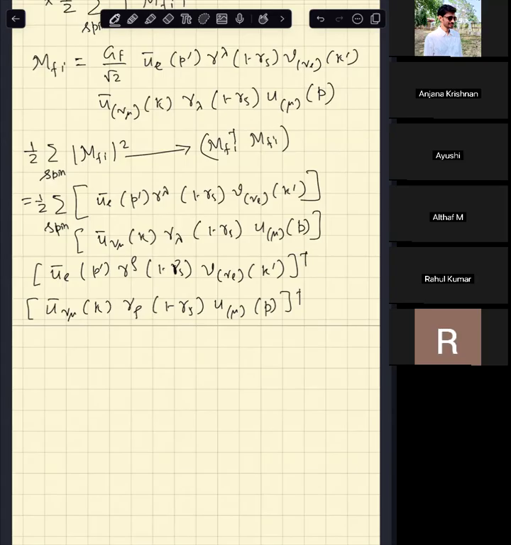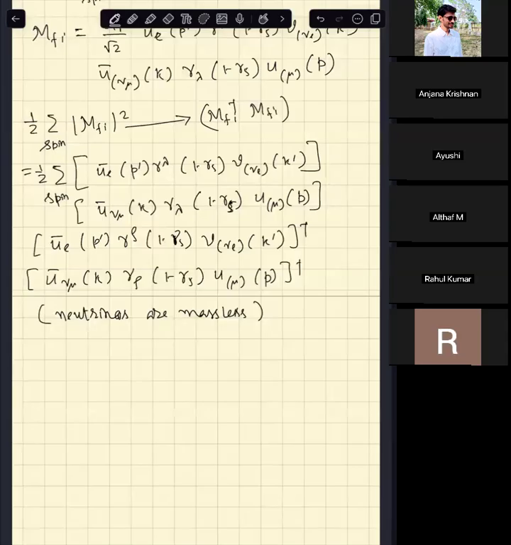Though nowadays we know that neutrinos have tiny non-zero masses, given the kind of energy we have in this process, and compared to the mass of the electron and muon, these neutrino masses are insignificantly small. So we'll assume that neutrinos are massless. This will not give you something absurd which we cannot match with the experiment. This is a good assumption actually.